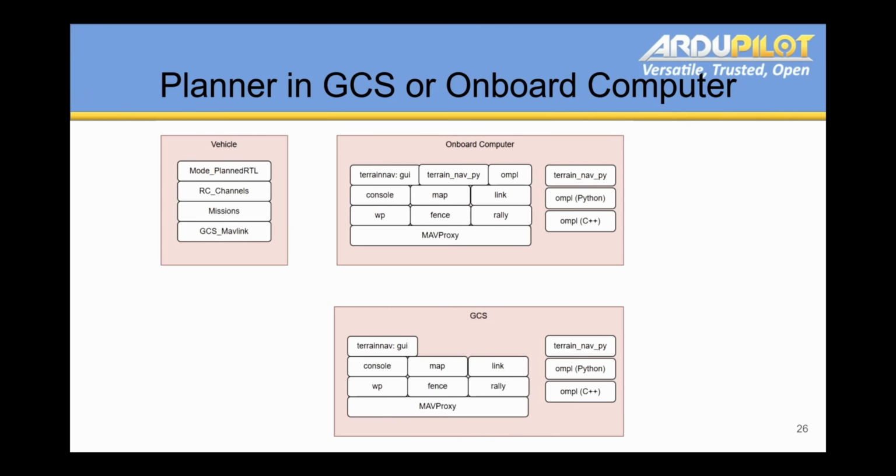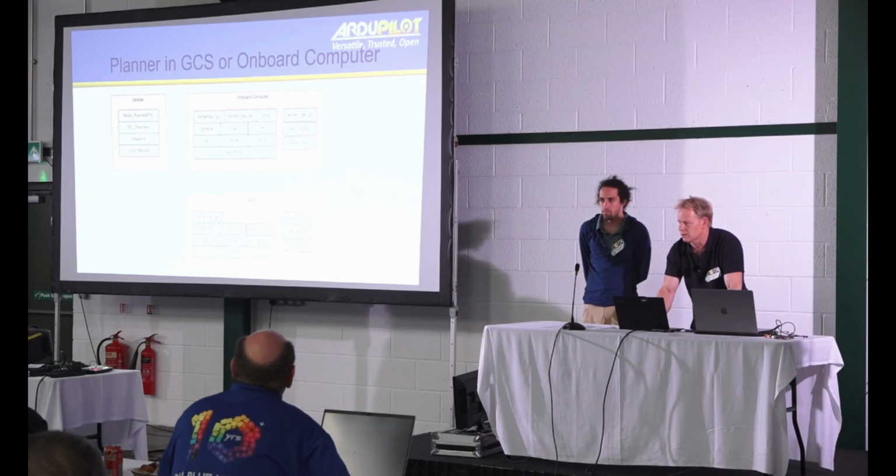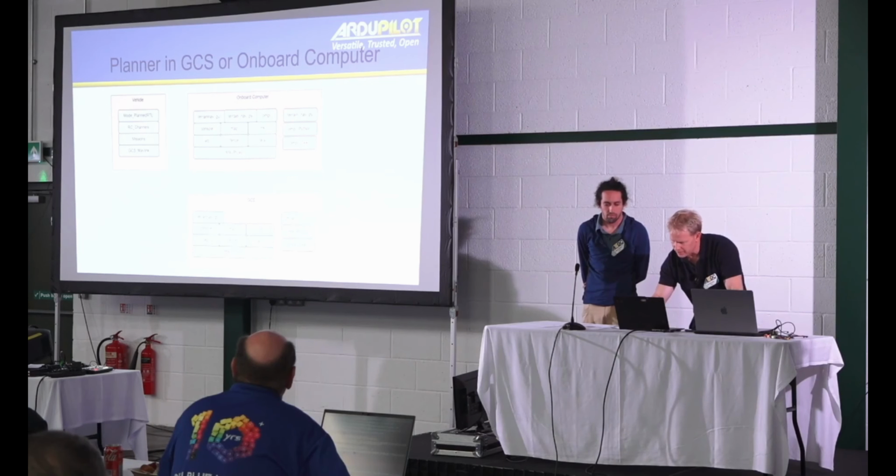It's a slow planner, but what's good about it, because it's Python, is that it's really easy to integrate additional constraints. So it was quite straightforward just to pull the fence inclusion and exclusion fences from MavProxy and update the validator for the states to make sure that we could include that as well as terrain.